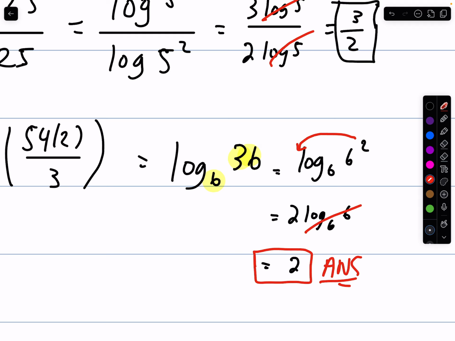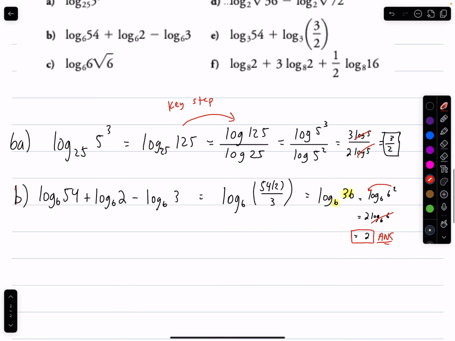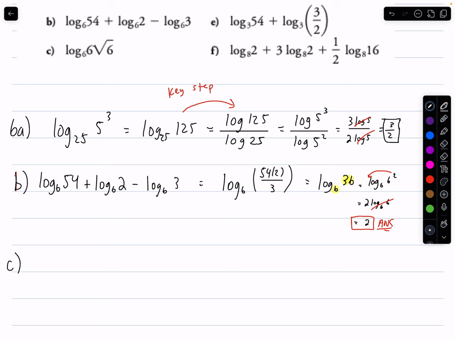So you see, sometimes you may think you got it all the way, but you didn't fully simplify. Okay, so in these types of questions, guys, you have to really fully simplify to the bare bone to get the simplest answer. That's how you're going to get full marks.